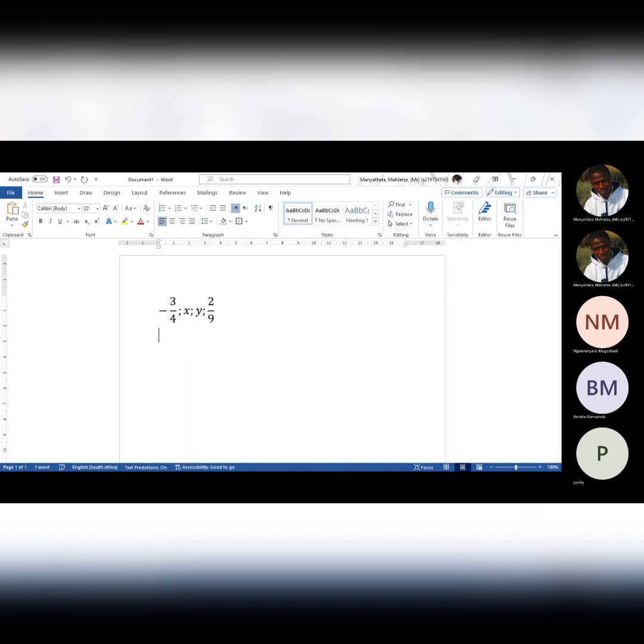The first step, write down X and Y in terms of R. And we were told that this is a geometric sequence.